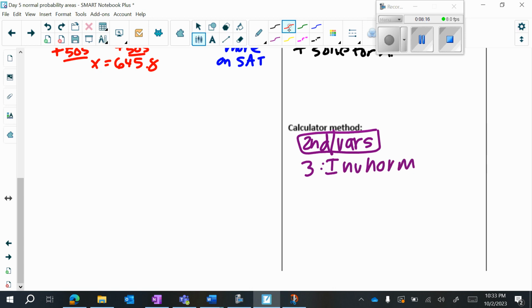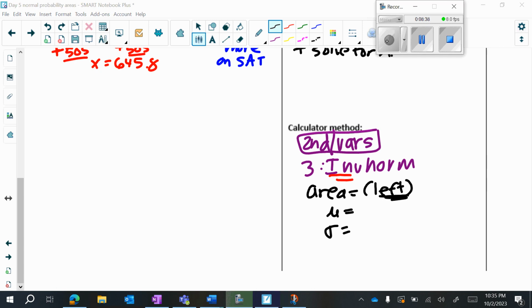Think of inverse as meaning backwards or opposite. Then it's going to ask you for the area, and you can put in the area to the left of the score. Then choose left if you have a choice there for left, middle, or center. Then you put in your mean and standard deviation, hit enter, and it's going to give you the answer.